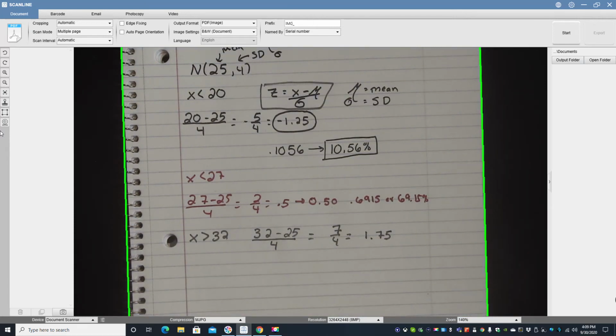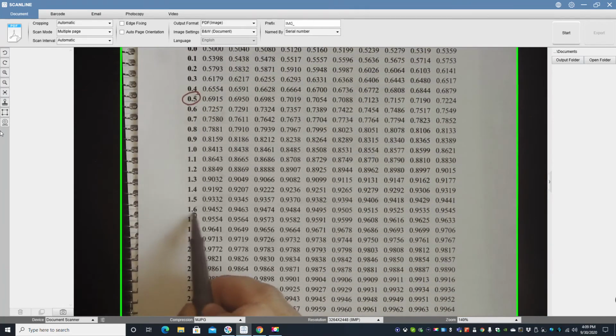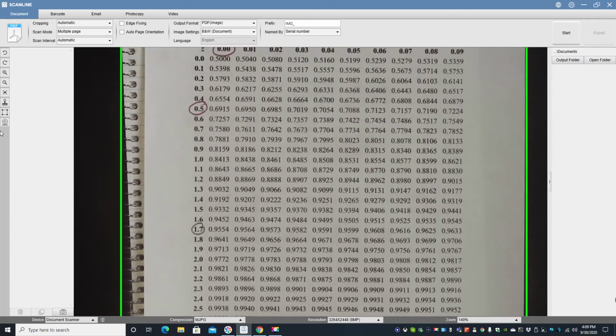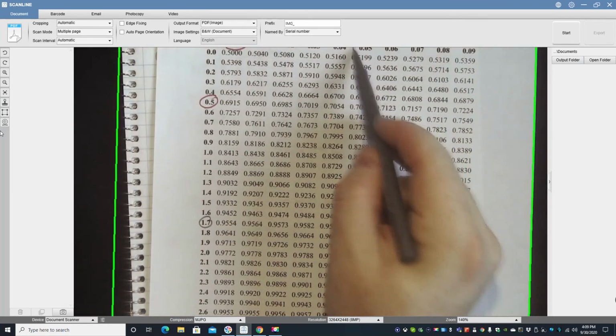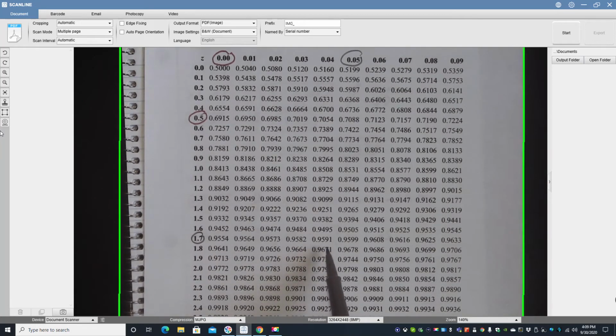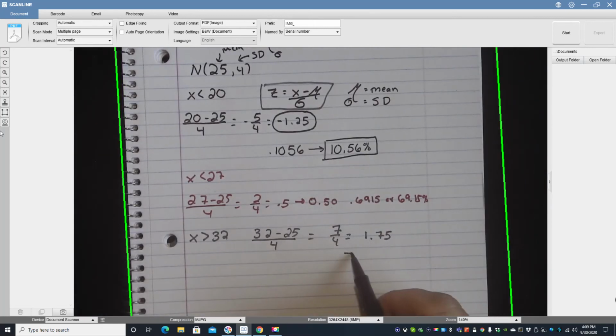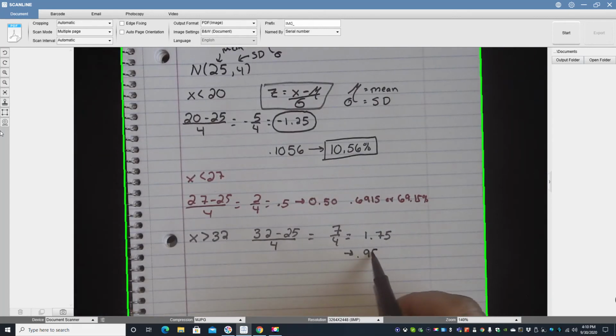So 1.7, and then 1.75. I'm going to see where they intersect. I get 0.9599. Let me just double check that real fast. Yep, that's what I get.